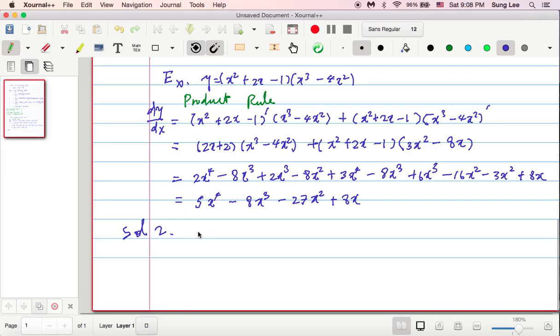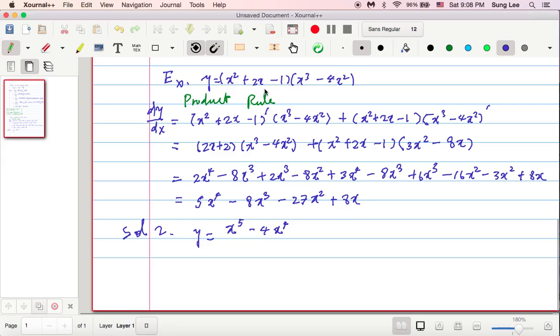So first I'm going to multiply out these two, right? So what do you get? X squared times x cubed, right? So x to the 5. x squared times this, that's going to be negative 4 x to the power 4.